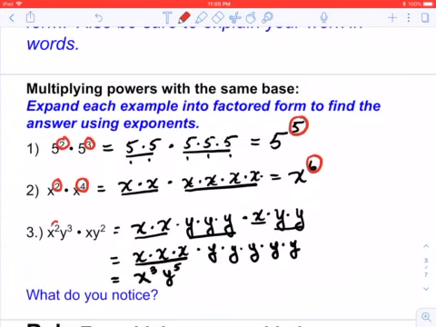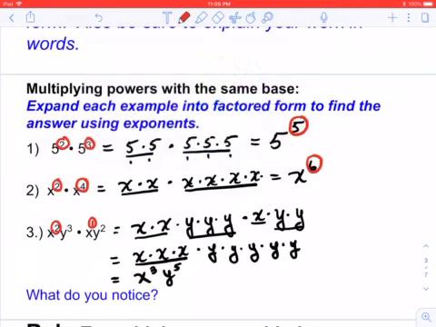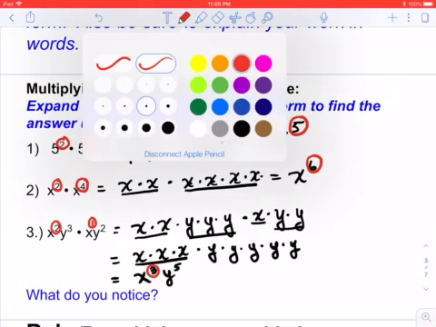And look at the exponents in the problem. This technically would be to the 1st, right? I'm going to change colors for the y since that's a different base. Let's change that to blue.